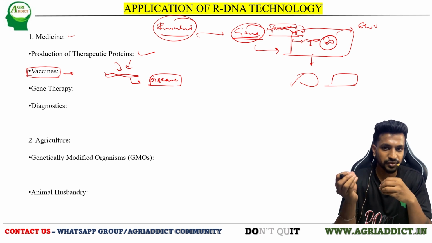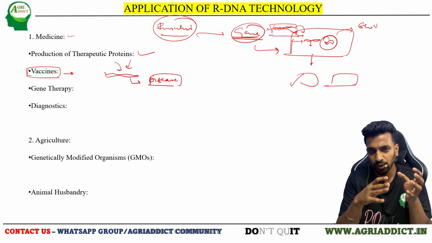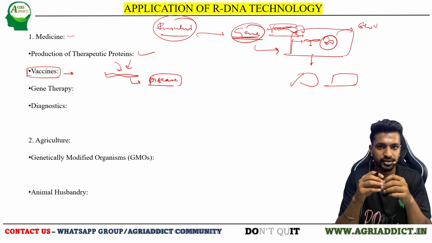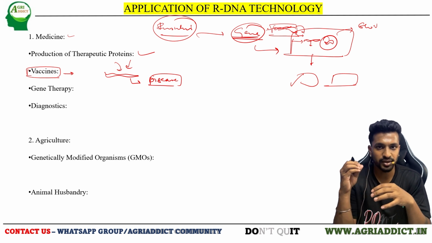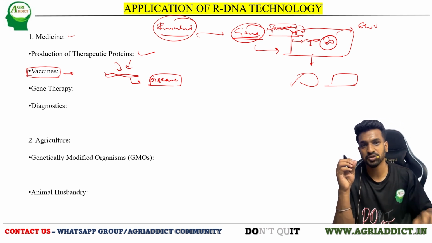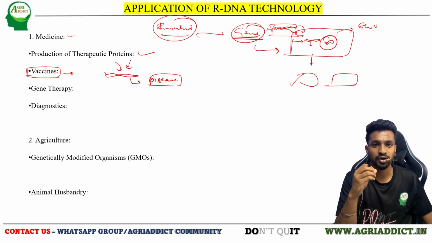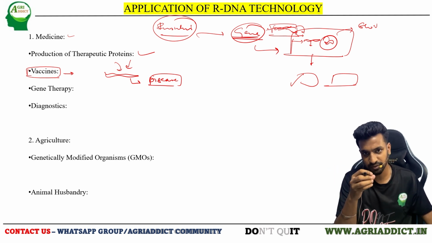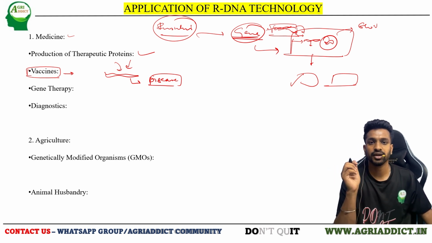This is how vaccines work, right? So this is how we can use rDNA technology. We isolate the gene that is responsible for the disease, and then incorporate a part of that gene into the host, which will provide resistance to that particular disease.